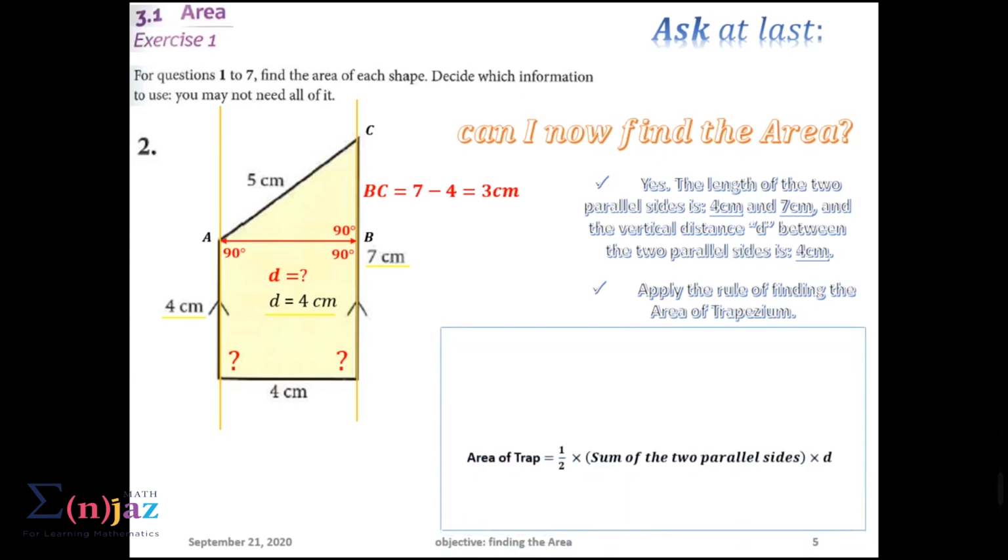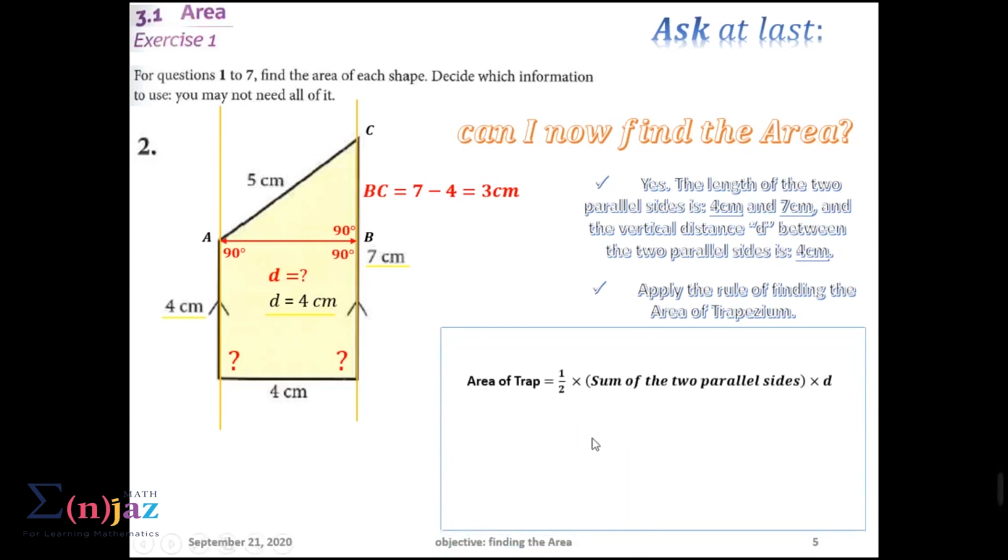So that's how we write it: area of a trapezium is equal to 1 over 2 times, in brackets, the sum of the two parallel sides, times the vertical distance between the two parallel sides.